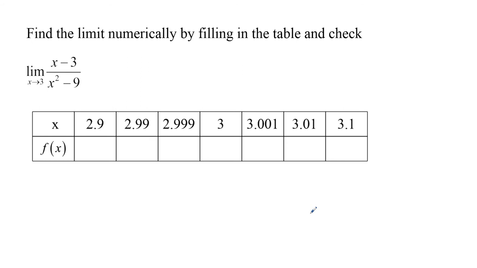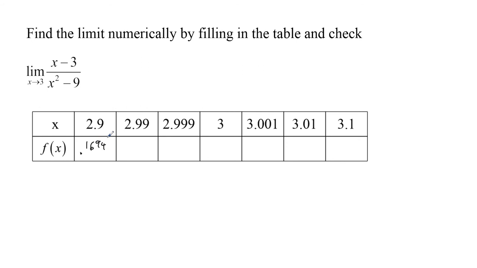Since the distances between these independent variable values are different, there's not the same distance in between each one, I'm just going to change my independent variable to ask. I'm going to go to my table, and I'm just going to type in my number. So 2.9. When I type in 2.9, I get 0.1694.